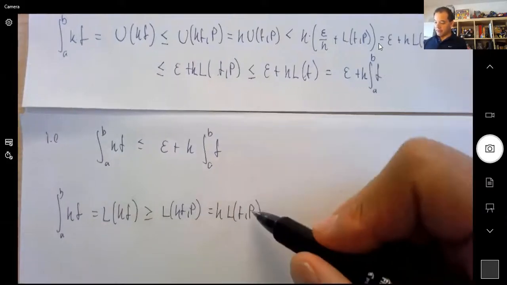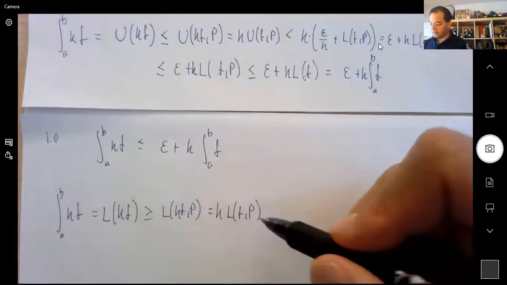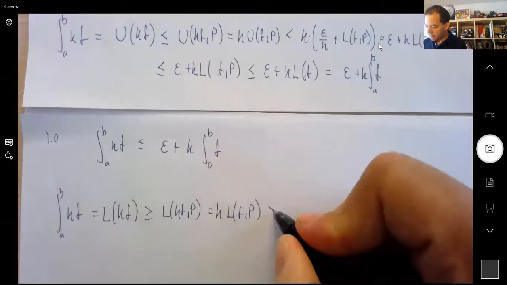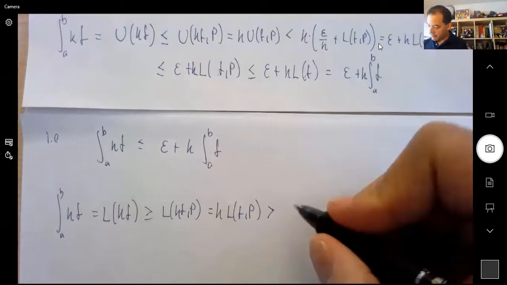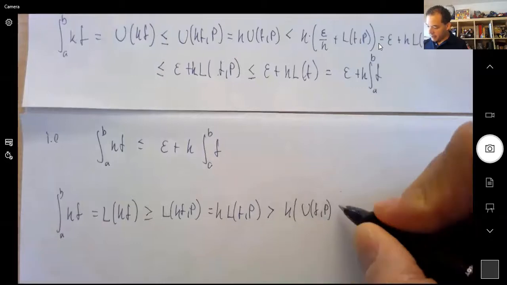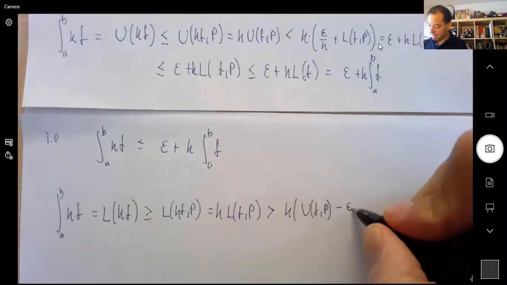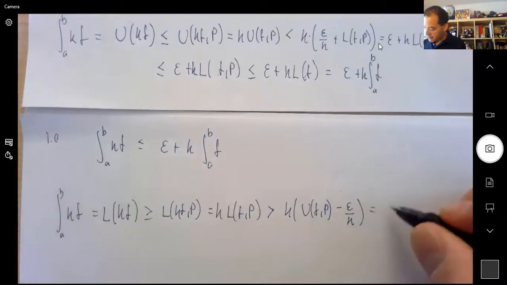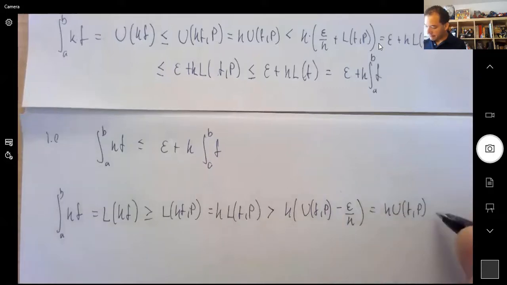Now by our inequality on the top, the L is actually greater than the U minus epsilon over K. And this turns out to be Ku minus epsilon.